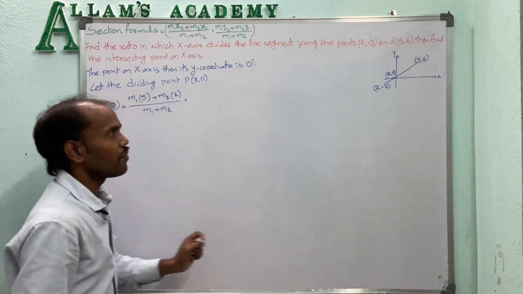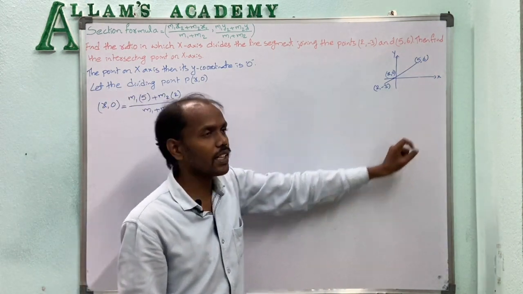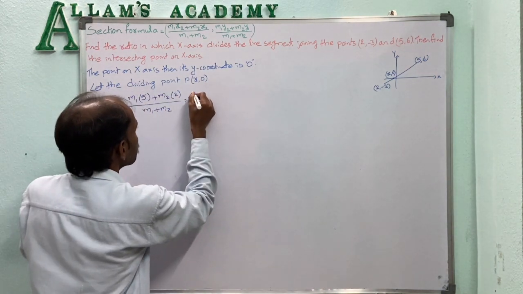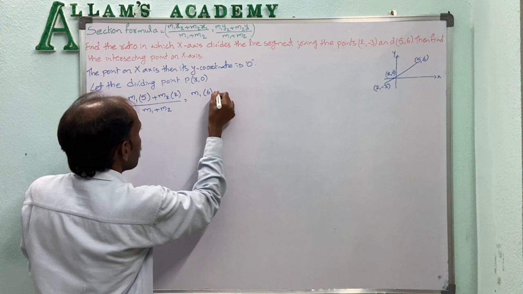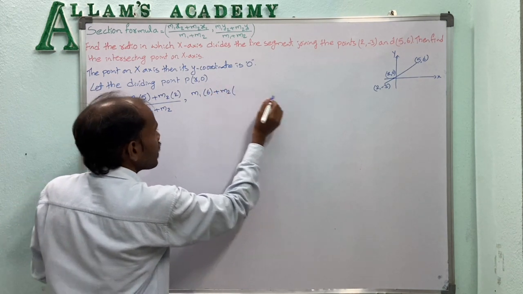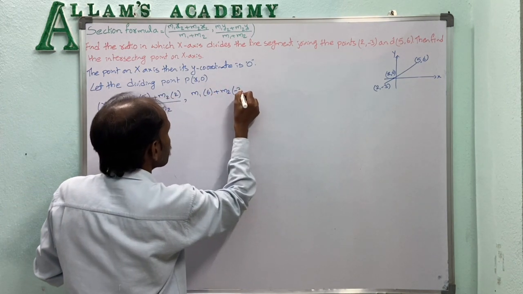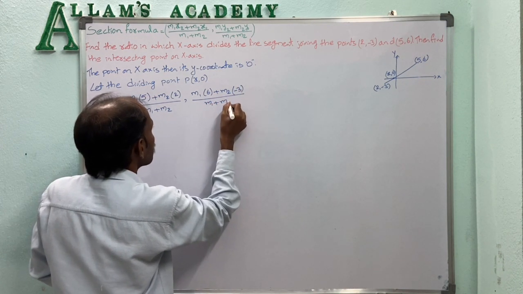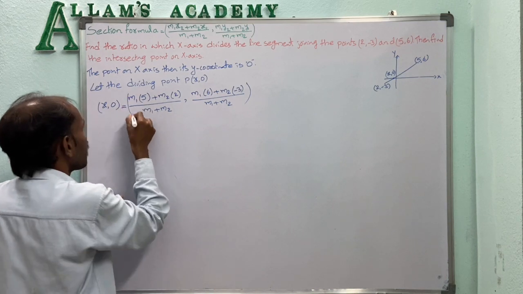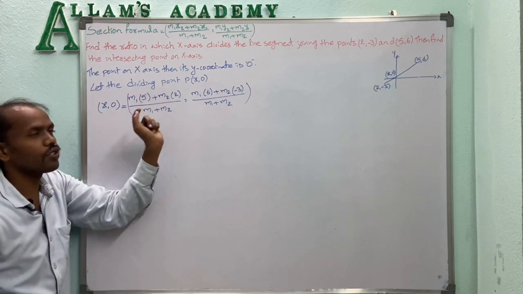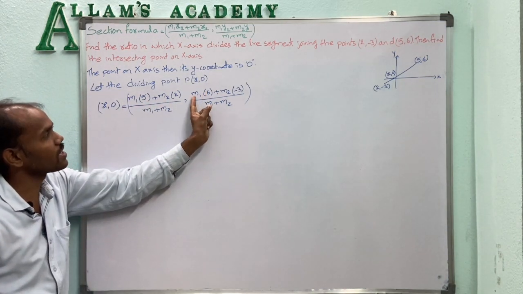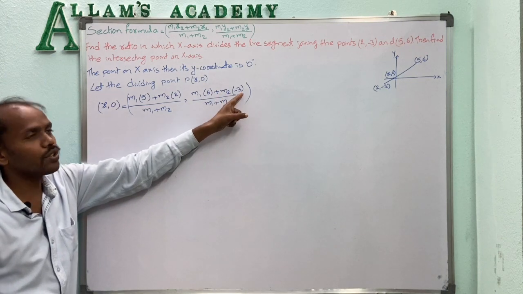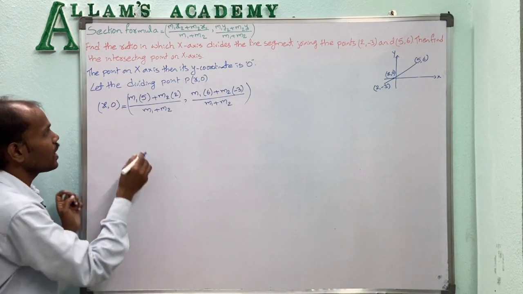Next, m1 y2, so m1 into 6, and plus m2 into y1, that is minus 3, by m1 plus m2. So 5 into m1 is 5m1, 2 into m2 is 2m2, 6 into m1 is 6m1, m2 into minus 3 is minus 3m2.